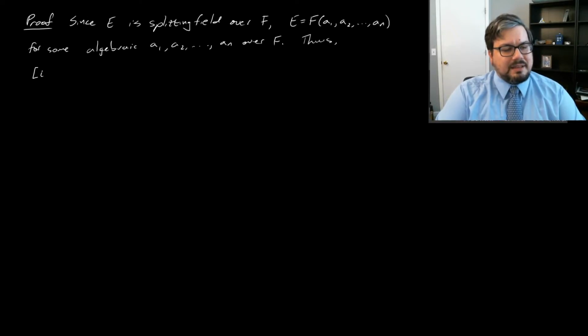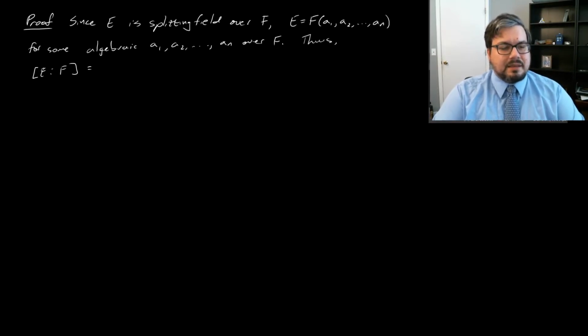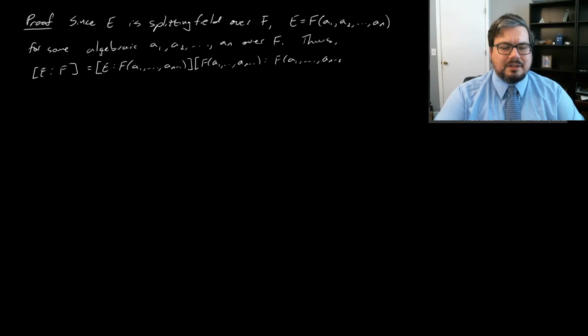We have that the index of E over F, or the order of E over F, I should say, is equal to the order of E over F(a1 through an-1) times the index of F(a1 through an-1) over F(a1 through an-2), etc., ending with F(a1) over F.